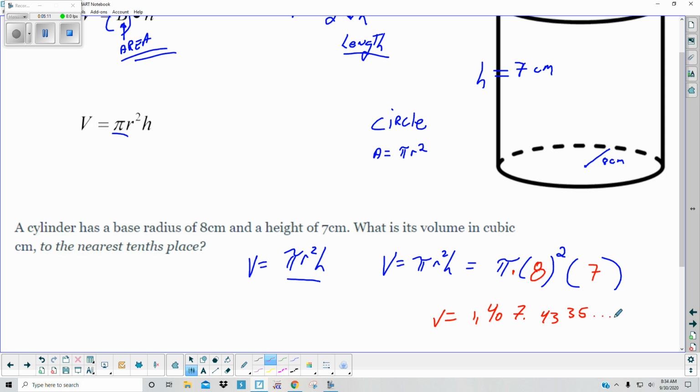It said round to the nearest tenth. So you look at the hundredth spot, it's less than 5, so you cross this off and round down. So the volume of 1,407.4 is your answer.